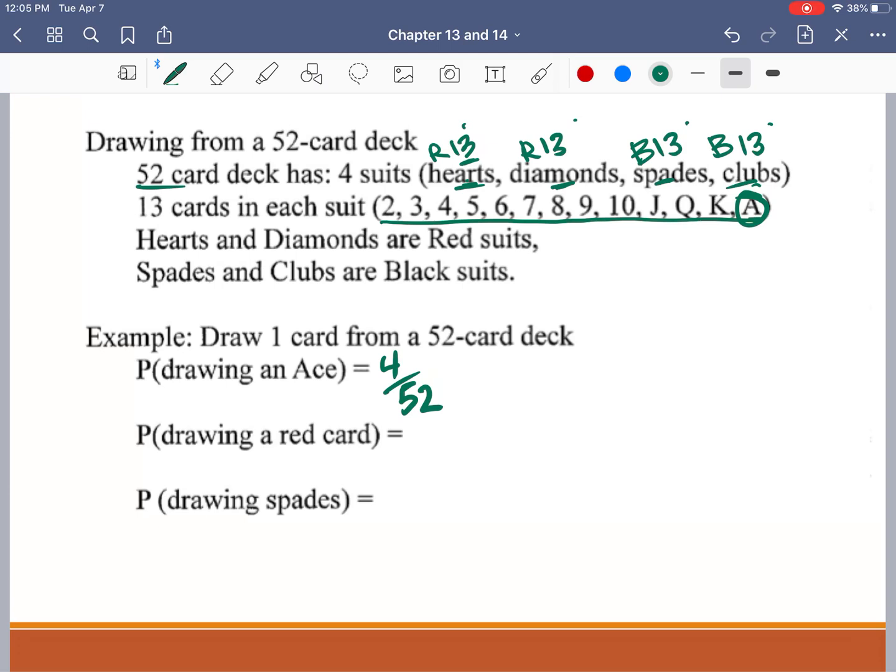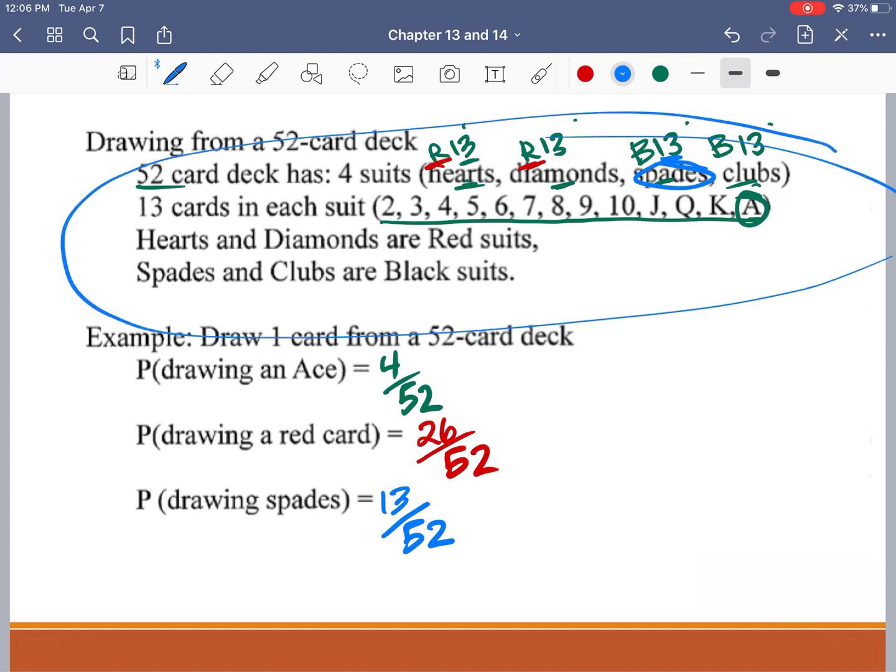That makes a total of 4 options out of the 52 options. If you want to simplify that, you can. You don't need to. Drawing a red card, well, there's 13 reds and 13 reds. That makes a total of 26 out of 52. Again, if you want to simplify it, you can. Drawing spades, well, there's 13 spades out of 52 options.